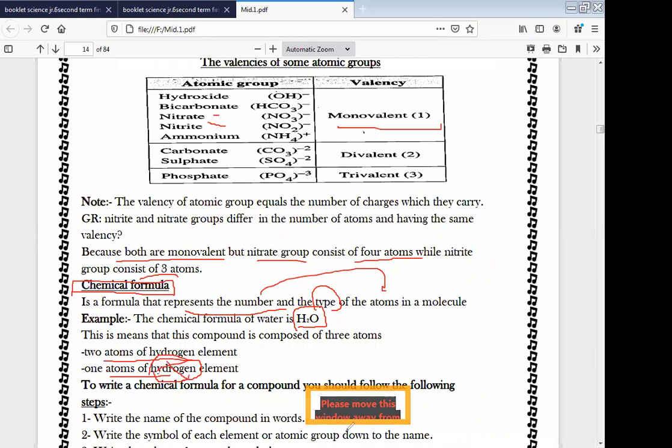So from the chemical formula of water, I know that the water consists of 2 atoms of hydrogen and 1 atom of oxygen. So I know the number and the type of atom. Okay?